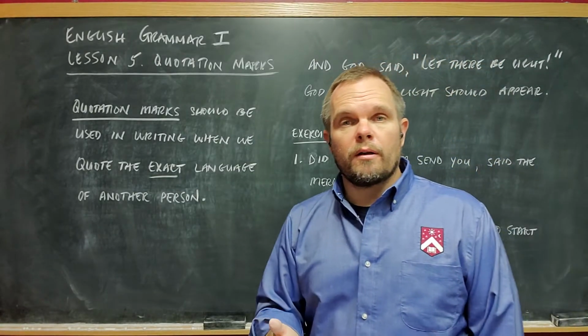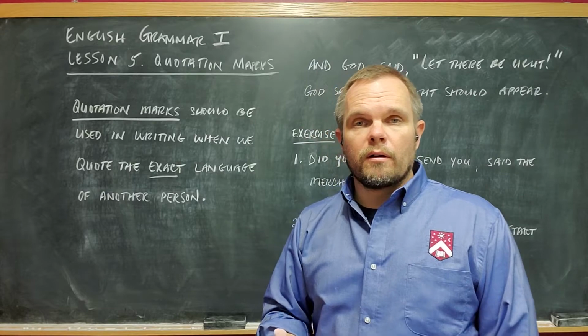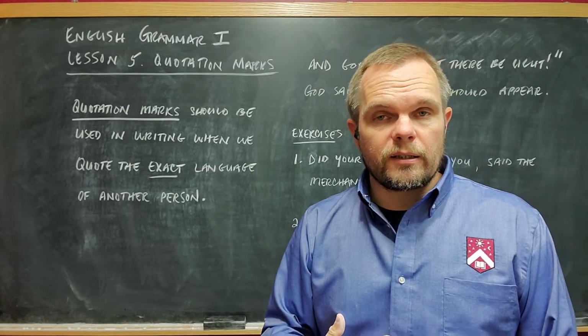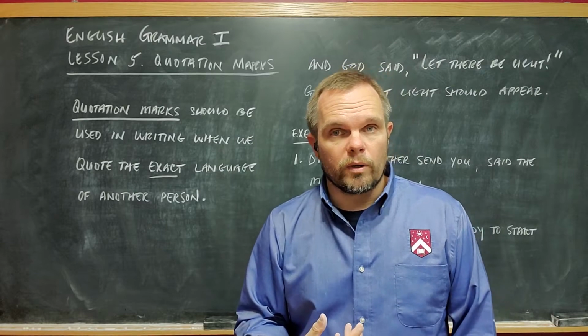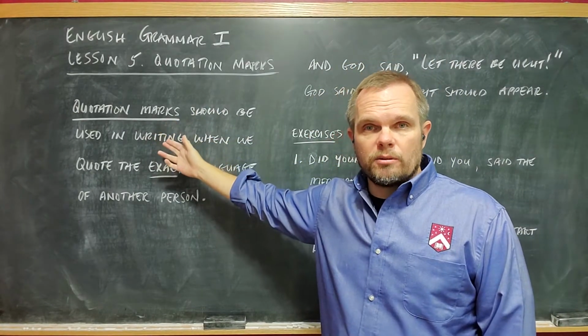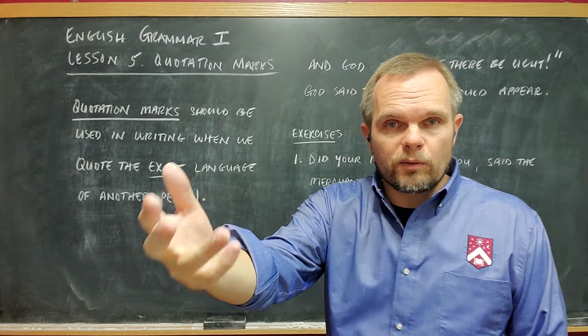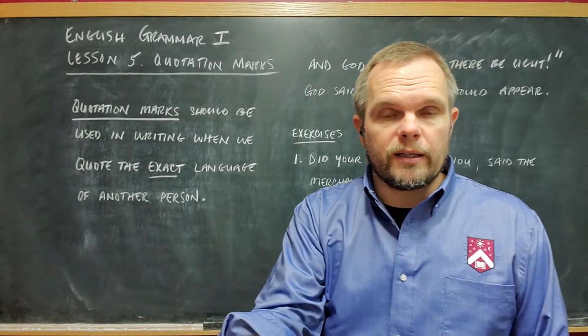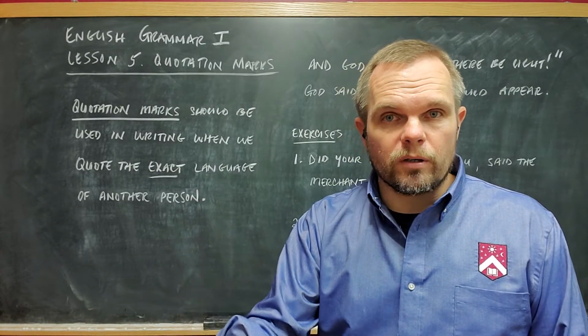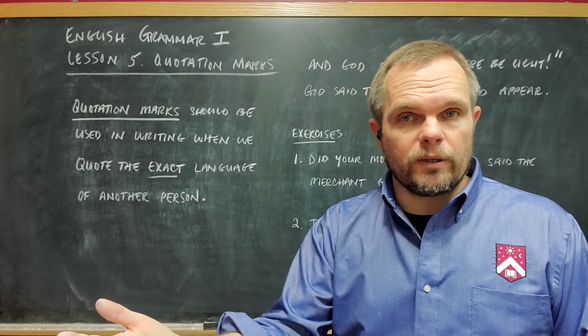Now remember, the rules of grammar are used so that our reader can easily understand what we're writing. So the reason why we use quotation marks is because we want our reader to understand that the words we're saying are the exact words that were said by someone else.